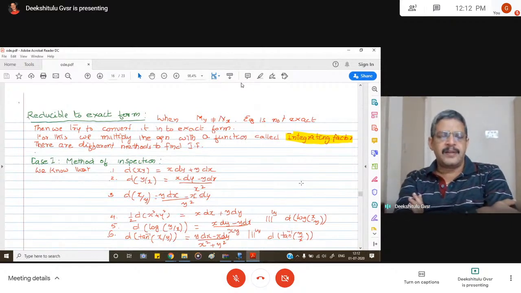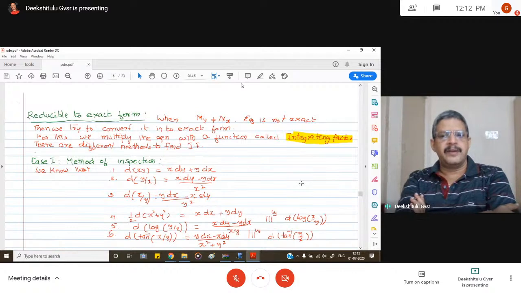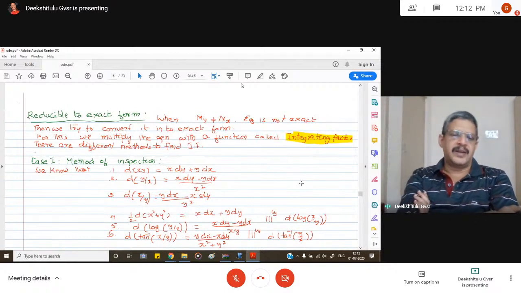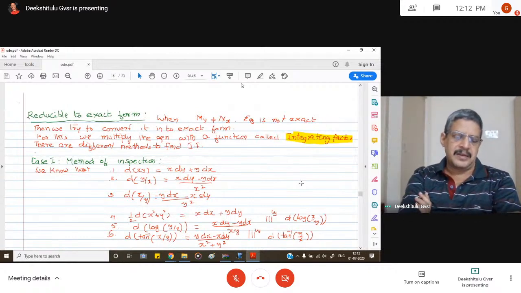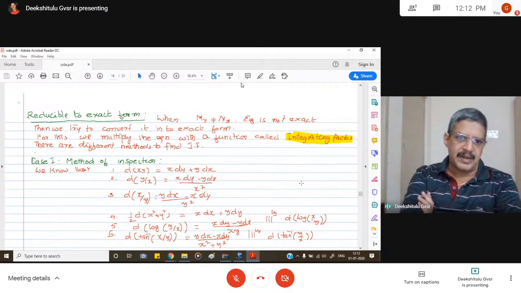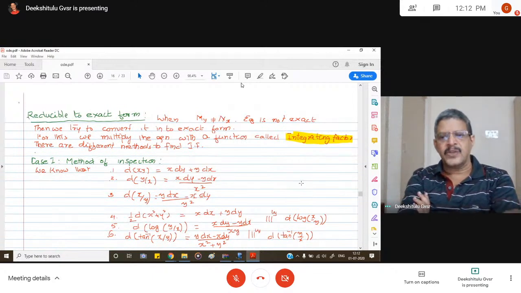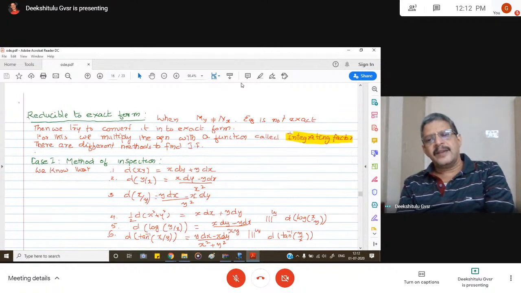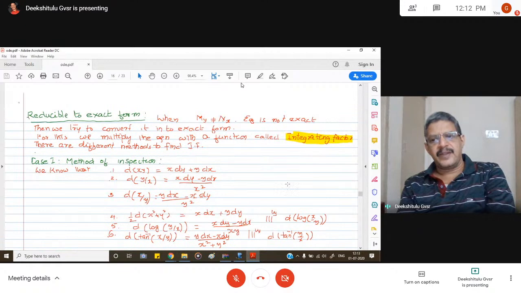So in general, the job of an integrating factor is to convert these differential equations into exact form or directly integrable form. So that is the importance of the integrating factor. Again, the integrating factors are defined in different ways depending on the structure of the function and the problem.